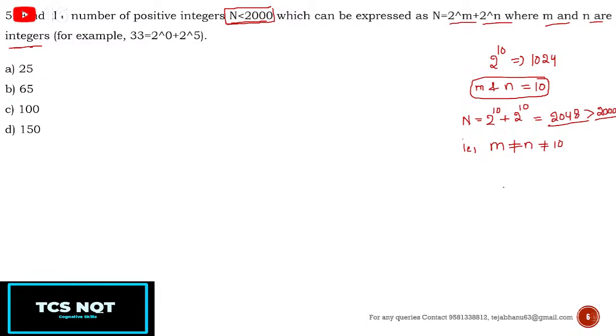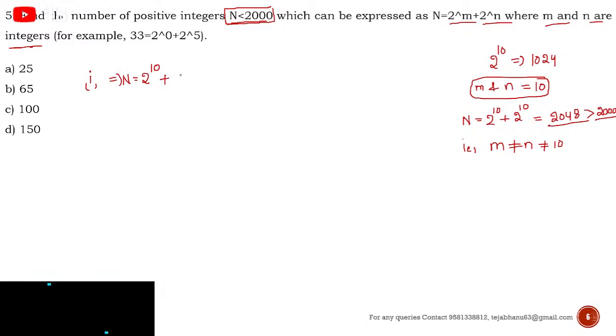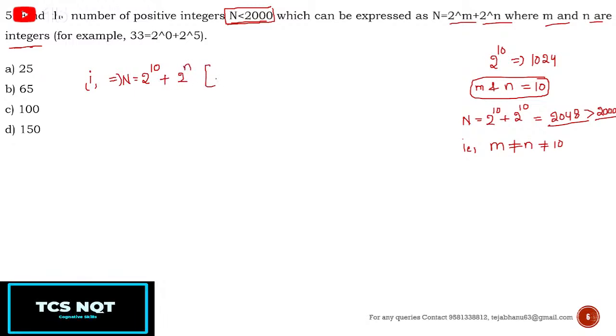Now, have a look at it. First case: for example, n is equal to 2 power 10 plus 2 power n, where n can be 1, 2, 3, and so on up to 9.